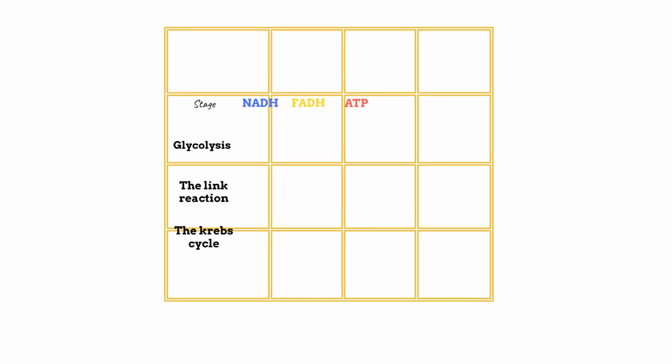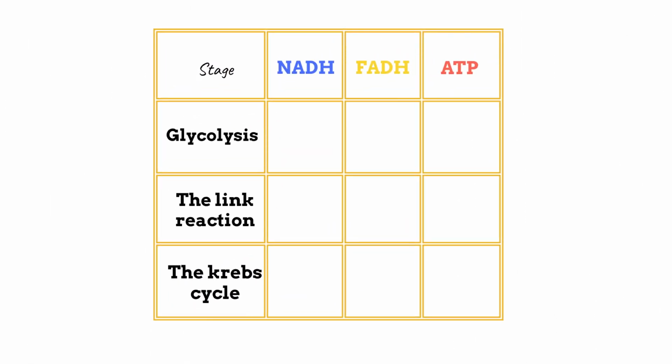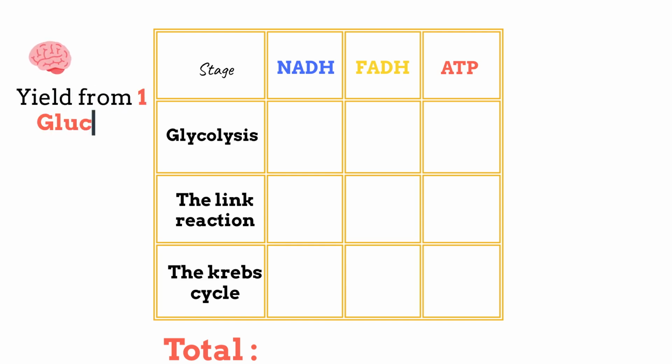Let me draw this table where I count how many of each product is produced in each of the four stages. In the end, we're going to count the total amount of ATPs made from all of these products. Before we start, remember that we're calculating the yield of one glucose molecule only.